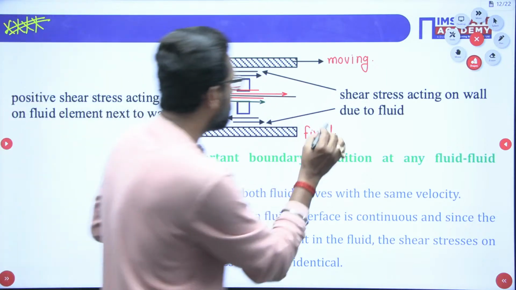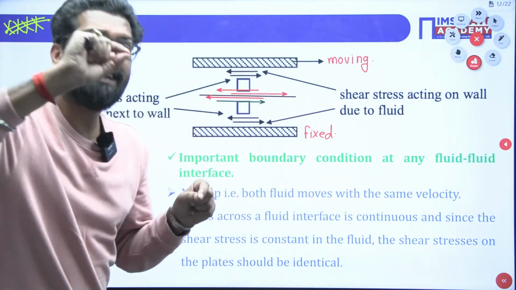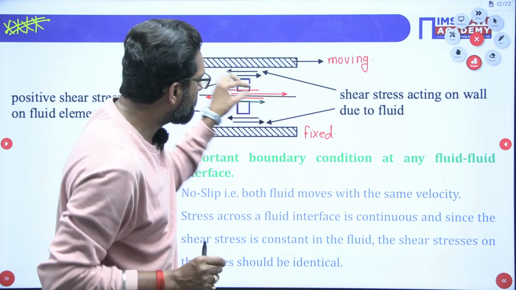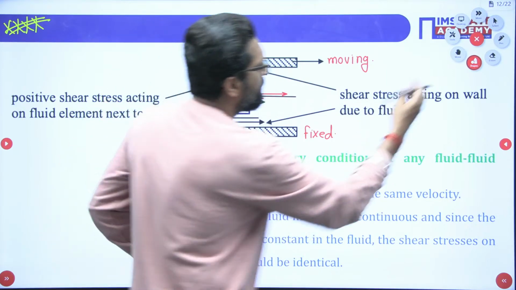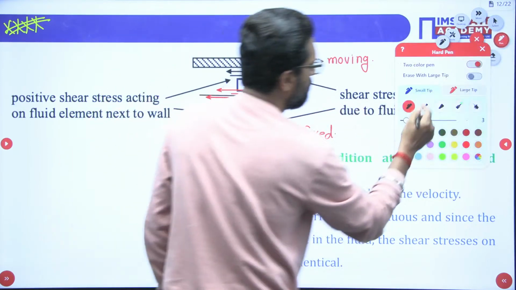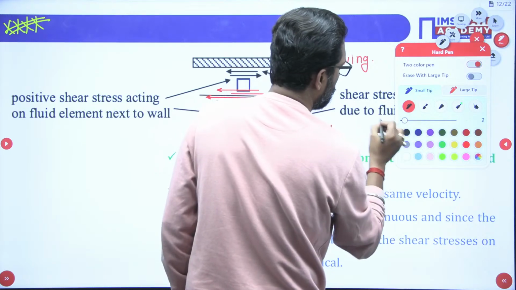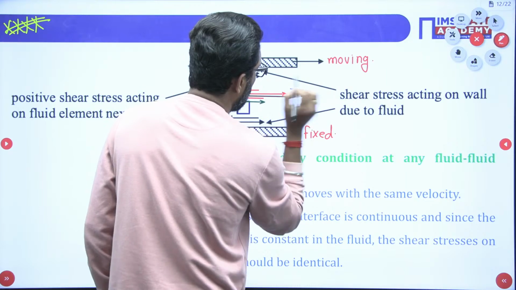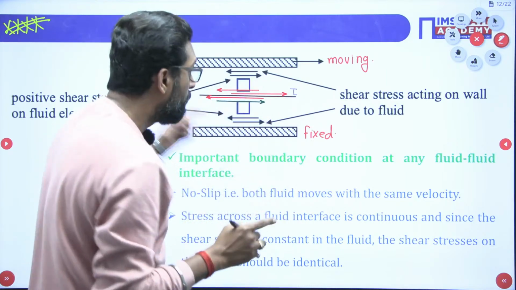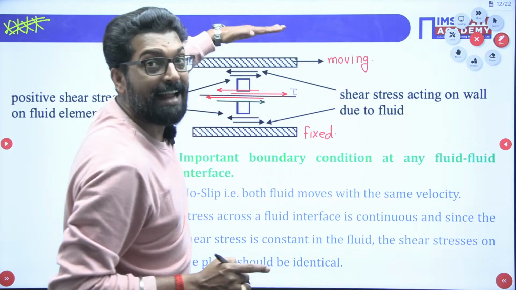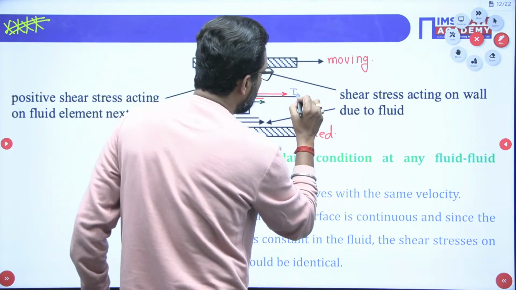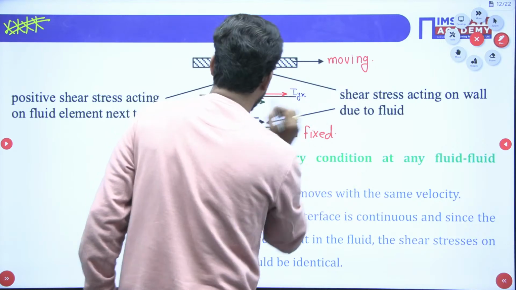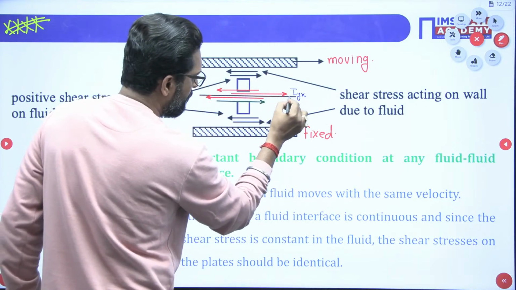That means if you take any imaginary layer, on that layer the stress value, this is what? This is tau. Which direction? Y direction. Which direction is the force applied? X.